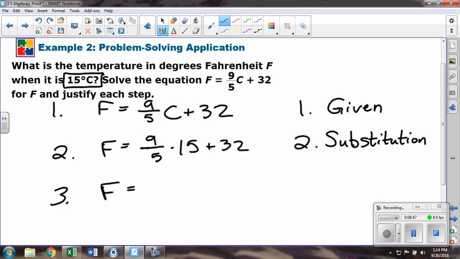If we take 9 over 5 and multiply by 15, that's going to equal 27. What is it that will allow us to multiply numbers? That's closure. The closure property of multiplication says multiplying two numbers will give you a third number.